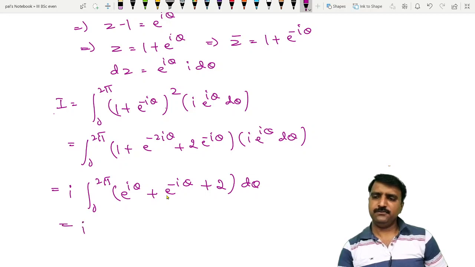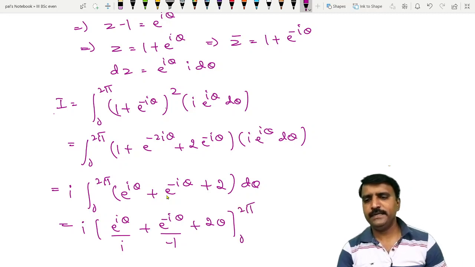This is equal to i into e to the i theta by i, its integration, plus e to the minus i theta by minus i, plus 2 theta. Its limit is from 0 to 2 pi.